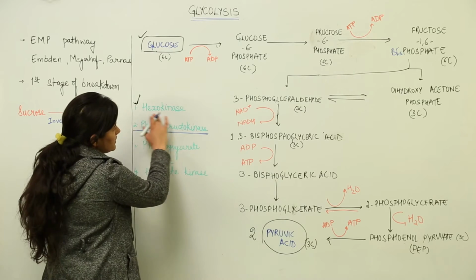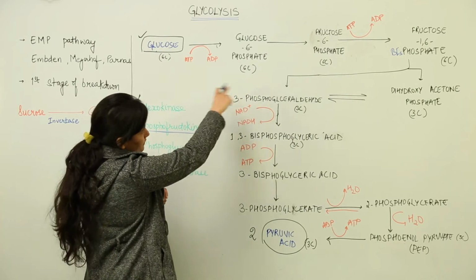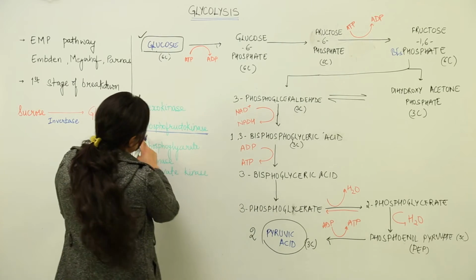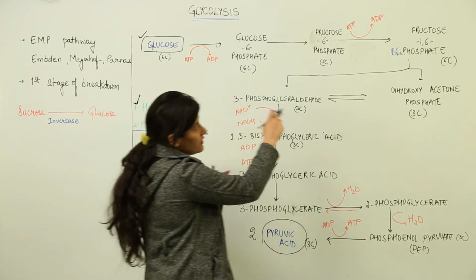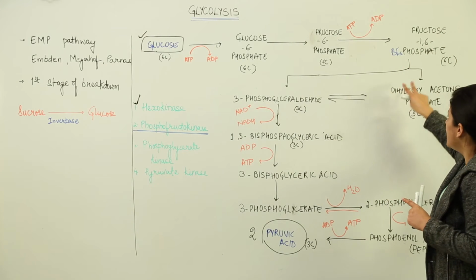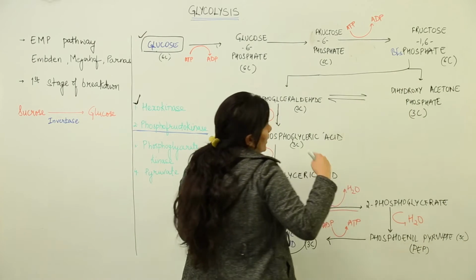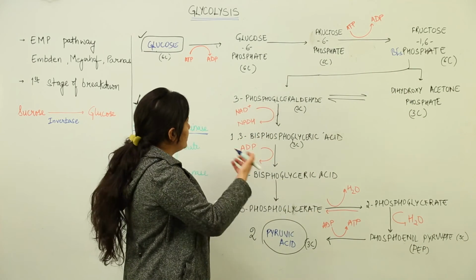Okay, so the first thing that you remember is hexokinase, that is going to add the phosphates to glucose. Next is phosphofructokinase, that in the presence of 2 phosphates, the fructose molecule is going to be broken down into 2 triose phosphates. Alright, when I say triose phosphates, now here the entire scene changes.